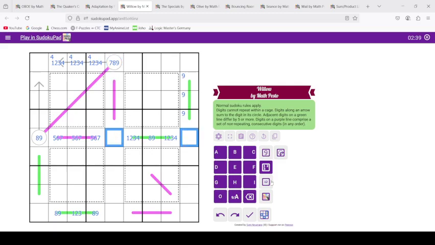Also, these two are 1, 2, 3, and 4. But if this were an 8, then it would be 8, 7, 6, which would make that a 9. Which would make that an 8, but that does not break. This is either 98765 or 87654.